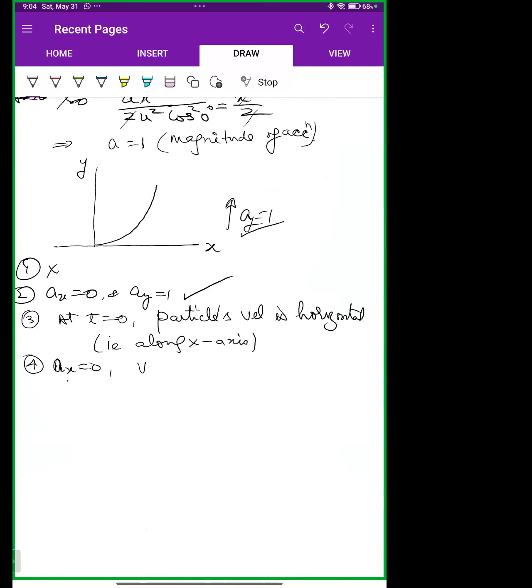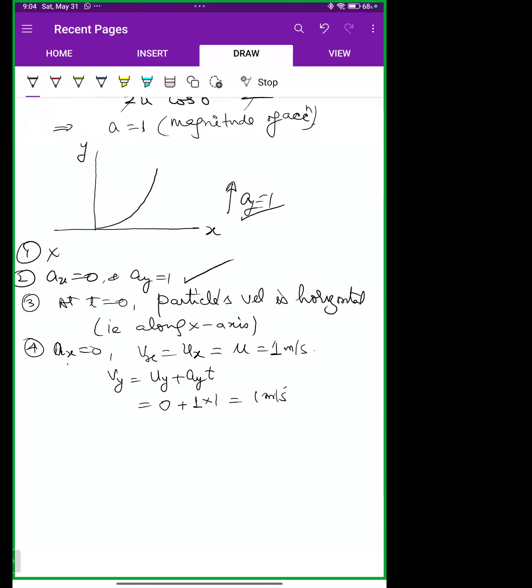Then Vx is equal to Ux is equal to u is equal to 1 meter per second. Vy is equal to Uy plus Ay into T. Uy is 0, Ay is 1, T is 1. That is 1 meter per second. So what is there?